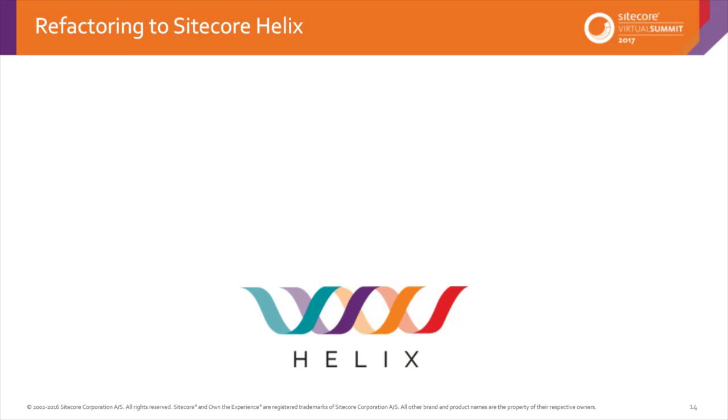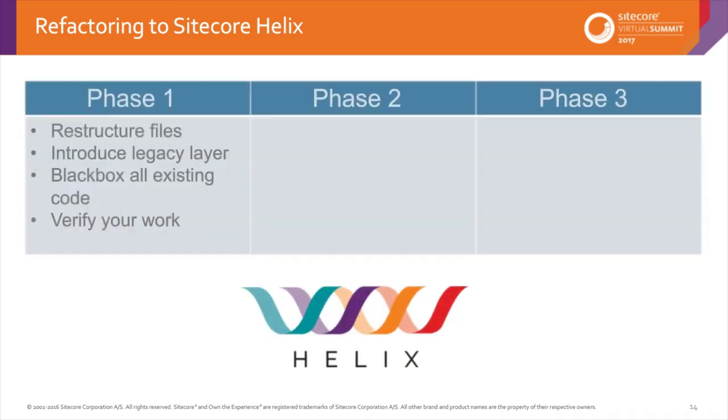In the first phase, you need to restructure your file system. You need to introduce a legacy layer, and then you need to black box all your existing code, all your definition items, everything, within the legacy layer. When you have black boxed this, you need to verify that everything still works as expected, that you have not changed the external behavior of the system.